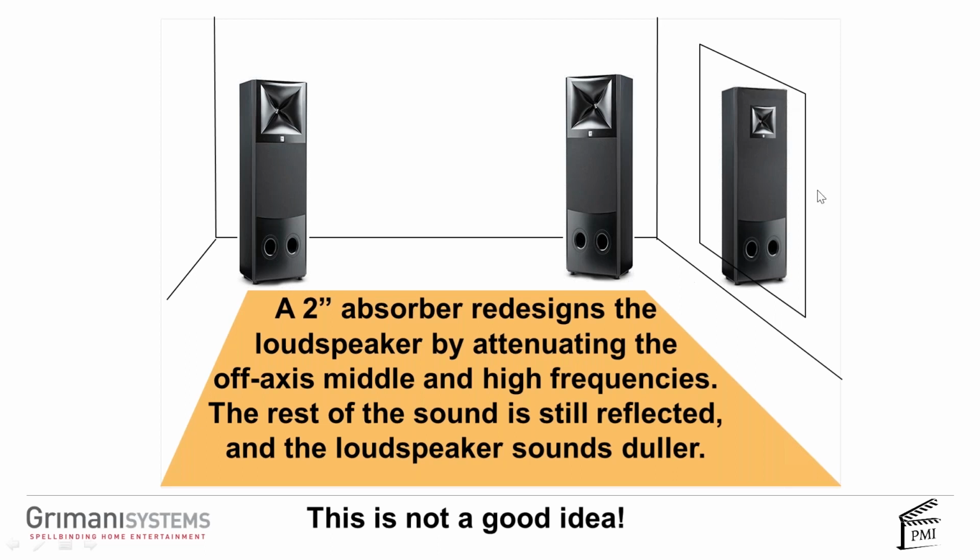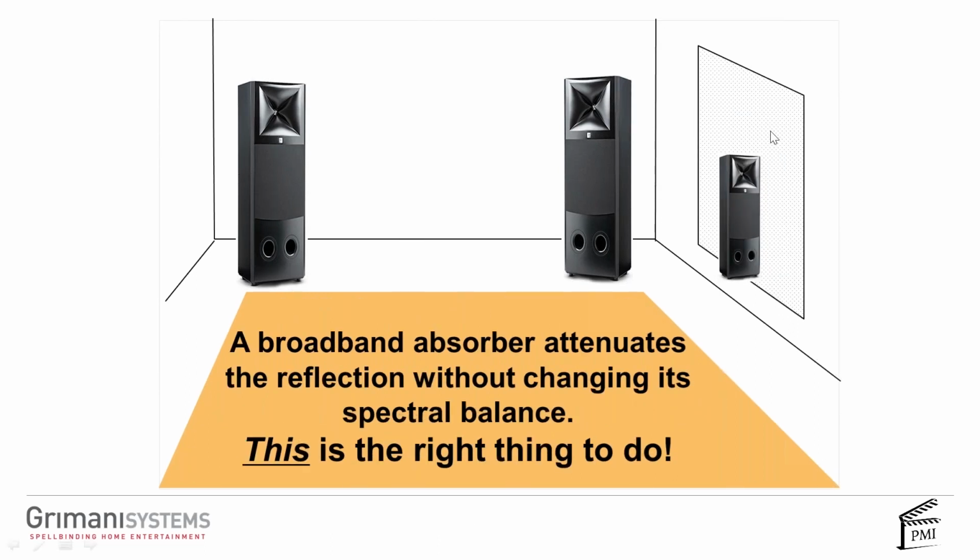So what that 2-inch material on the wall has done is turn down the high frequencies of the reflection. That's not a good idea. If you do 1 kilohertz, it's even worse because you've only turned down everything that's even higher. So it is better to do a 4-inch absorber or a 6-inch absorber, so the whole speaker is turned down.